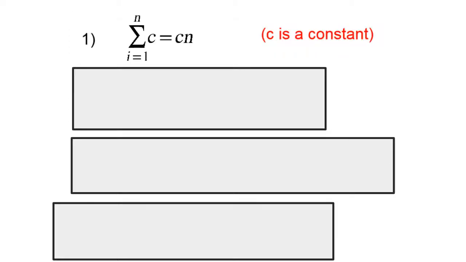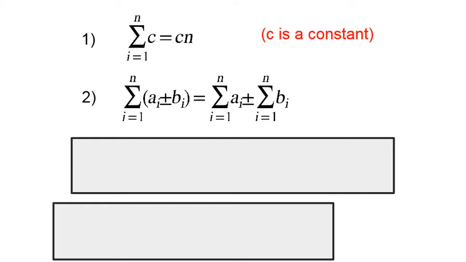So my first property of summations is the constant function. So c is a constant, and if I go from i equals 1 to n of the constant function, then that equals c times n.